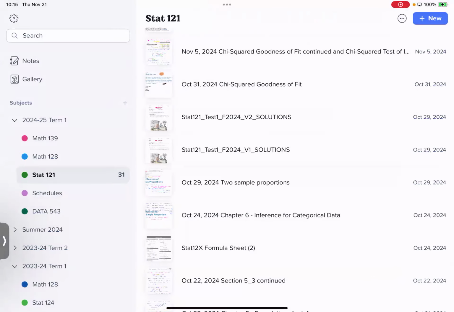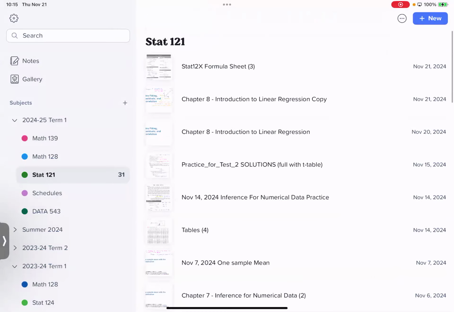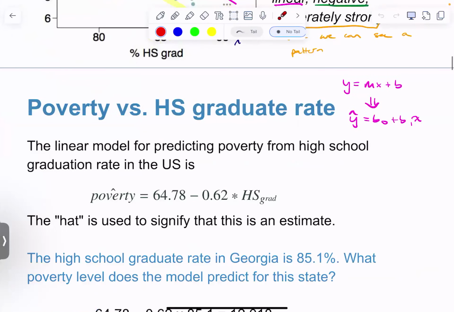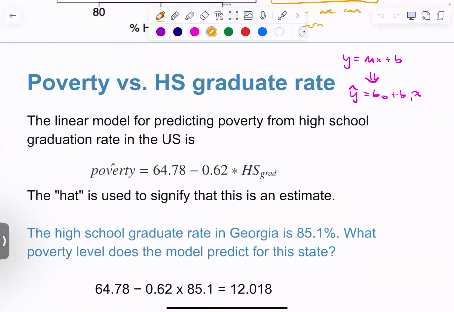So b0 is the y-intercept, and b1 is the slope because it's attached to the x. Whatever is attached to the x is the slope.